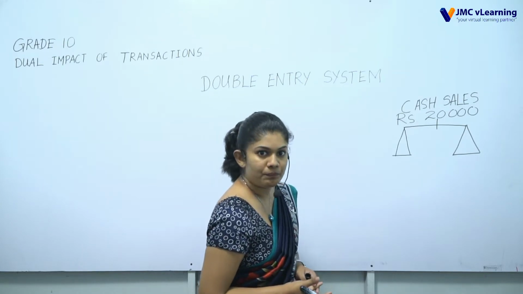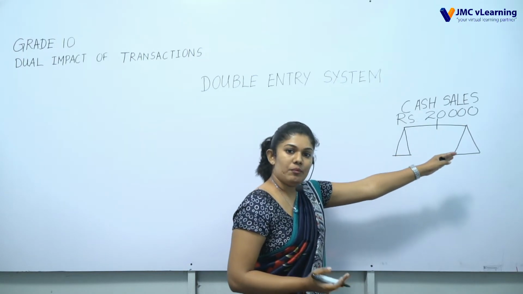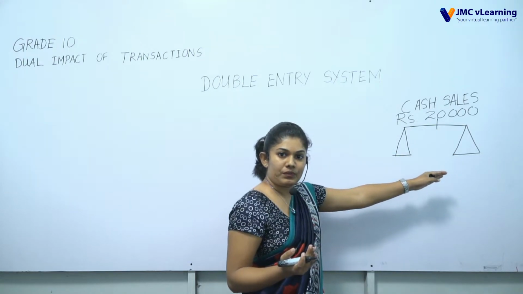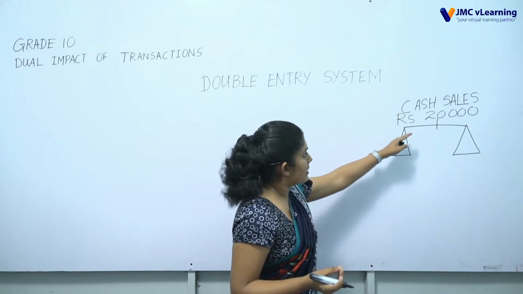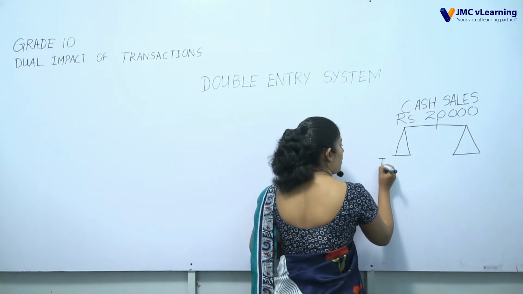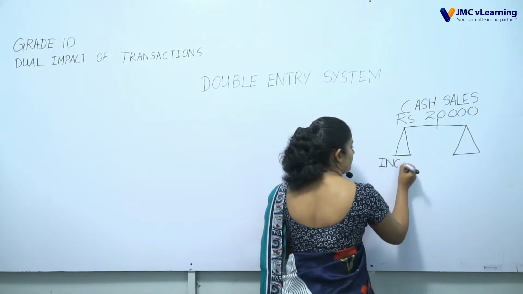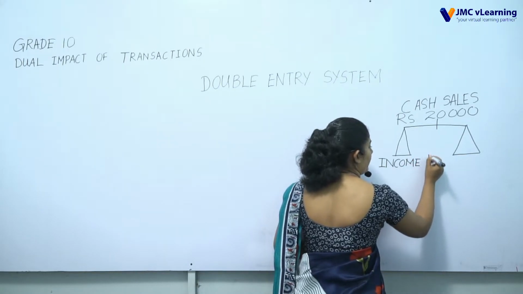First of all, cash sales. Sales is an income. We receive cash. We earn something. So sales is an income. Therefore, income of the business increases.